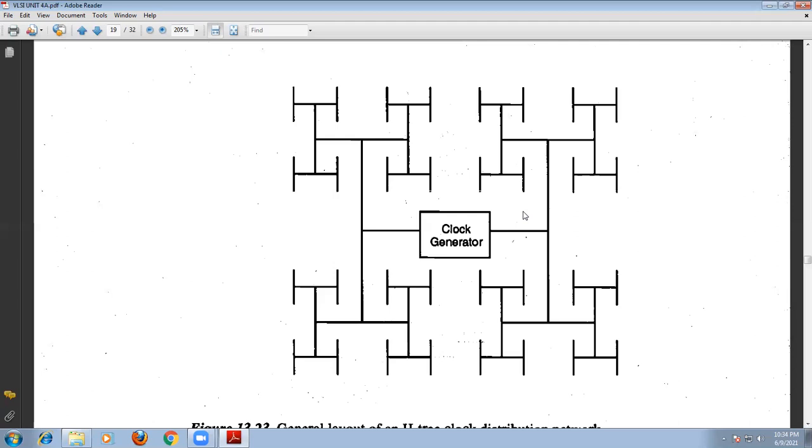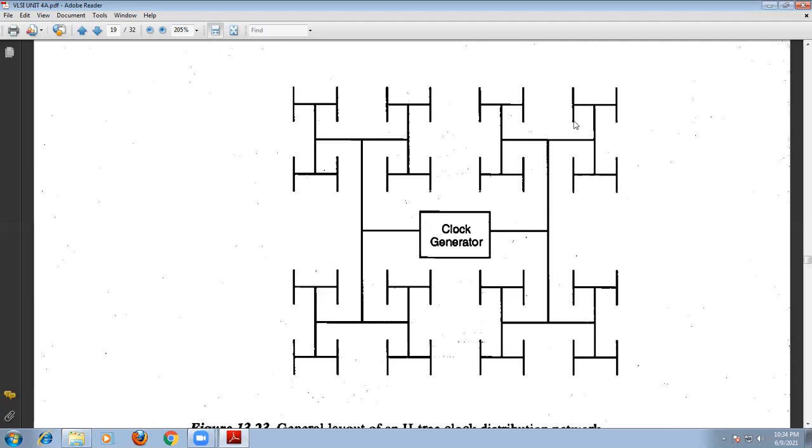That is the main important point. So we can use the local decoders to balance the delay under the different loading conditions in the circuit.